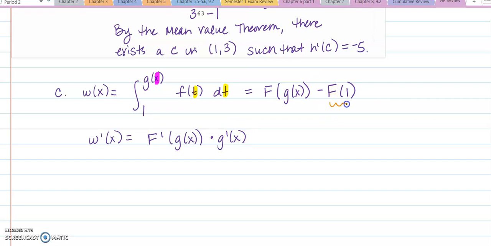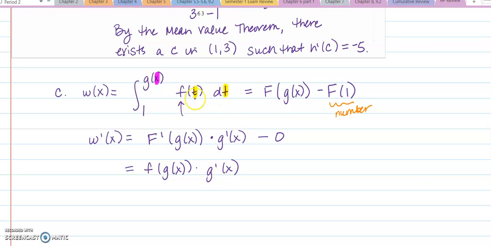The next piece right here is just a number. It could be 7, it could be 82, but when you take the derivative of a constant, you end up getting 0. So you'll subtract 0. And now you make a connection here that the derivative of an antiderivative gets you right back to that inside function. So this is f of g times g prime of x.